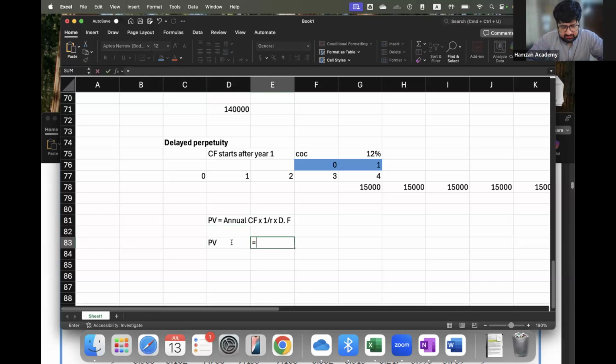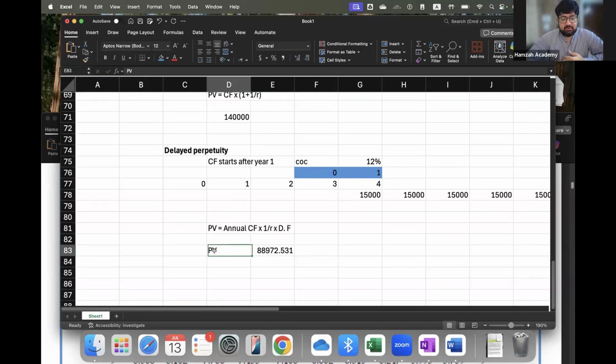Present value is equal to annual cash flow into 1 over R, 0.12, 12% we have taken, into 1.12 raised to power minus 3. This is delayed perpetuity, deferred perpetuity. So we calculate, we get this present value.